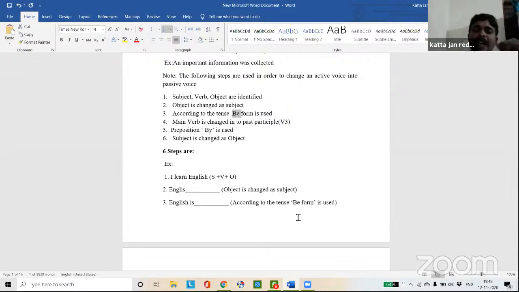We will learn in course of time. Like have been, has been, had been, will be, shall be, can be, may be, right? Will have been, shall have been, can have been, might have been. So these are all be forms. As a tabular form, I'll prepare the tabular form and show you that. So what is the third step? According to the tense, be form is used.